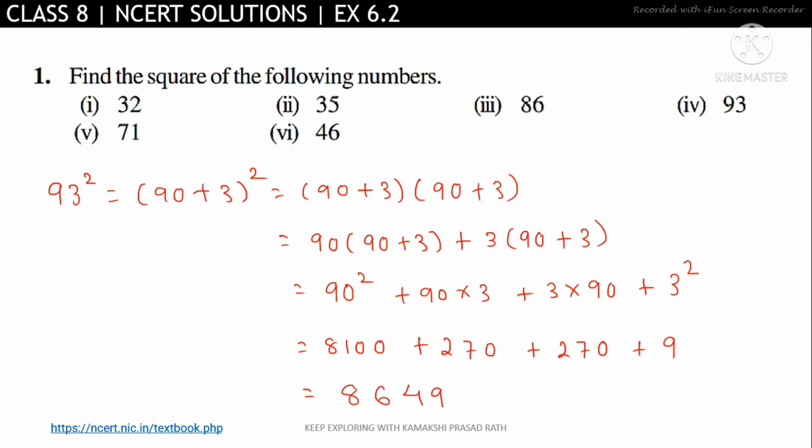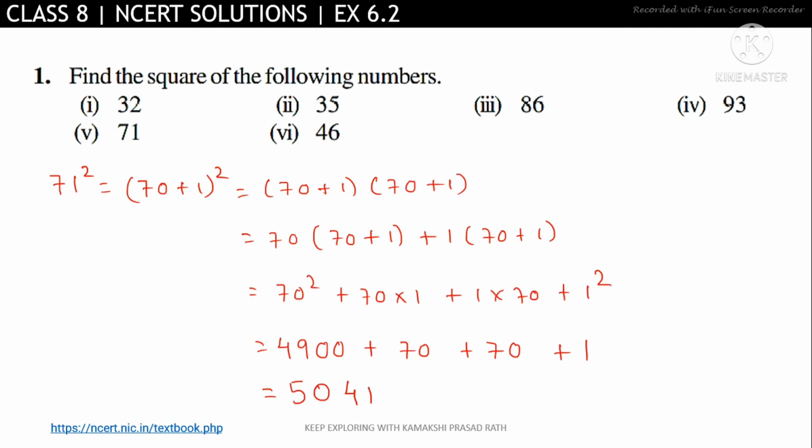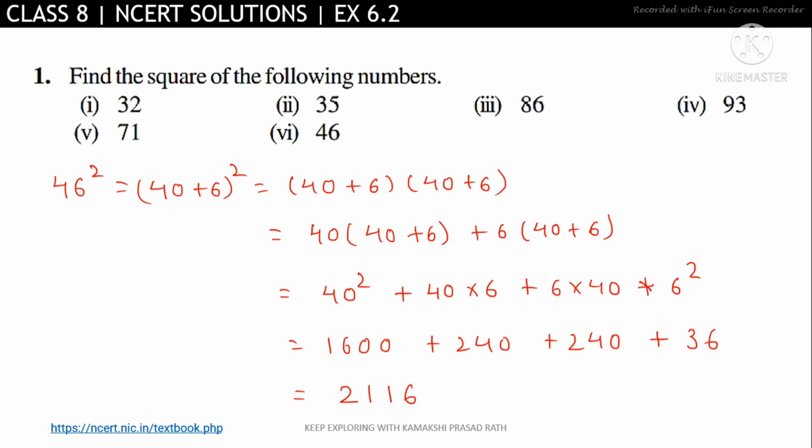So 93 squared is 8649, 71 squared is 5041, and 46 squared is 2160. But you have to take note that this is only for this exercise. In the future, whenever we need to find the square of numbers in further problems, we will directly multiply them and find the squares.